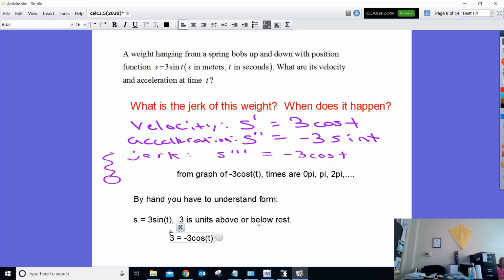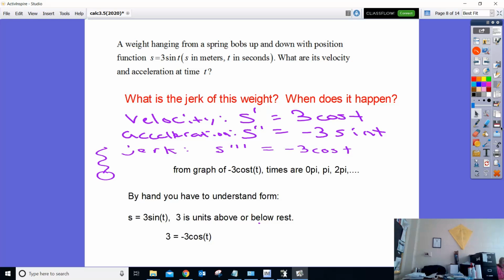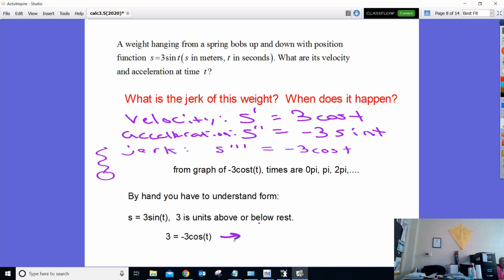I'll solve that one with you because you haven't done trig in a minute, and geometry seems to be a weak skill for y'all. What would you divide out? -3. I swear to you, this is a geometry standard. I taught that for us. -1 equals cosine of t.